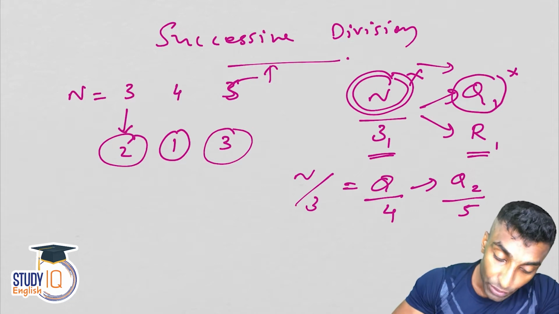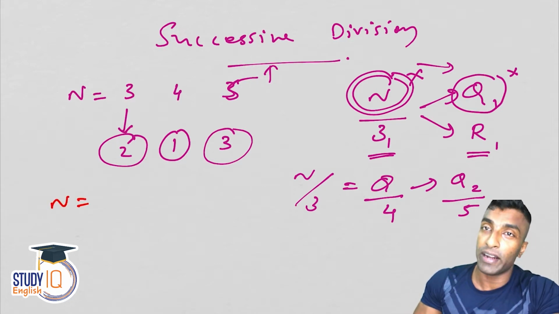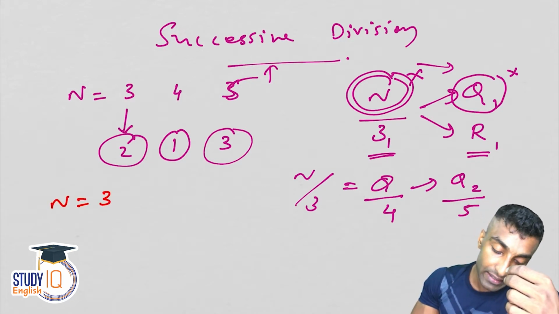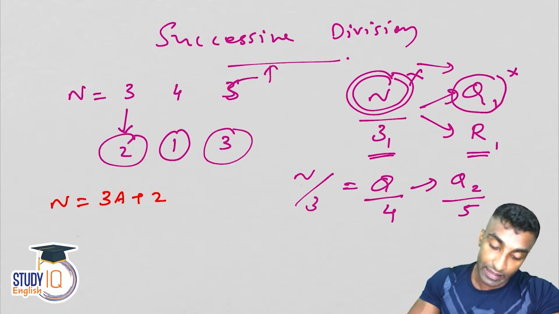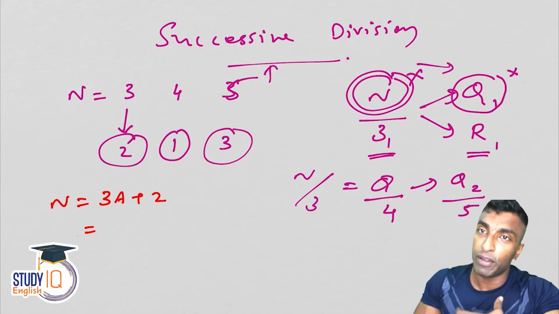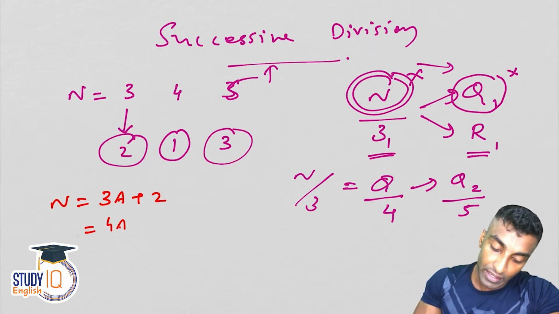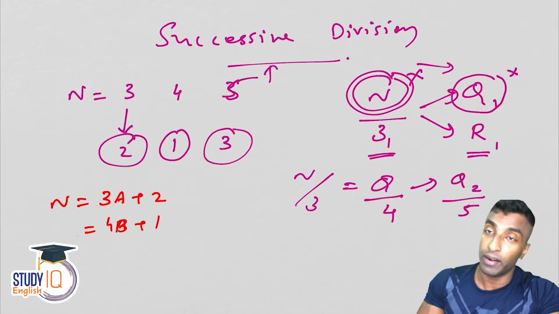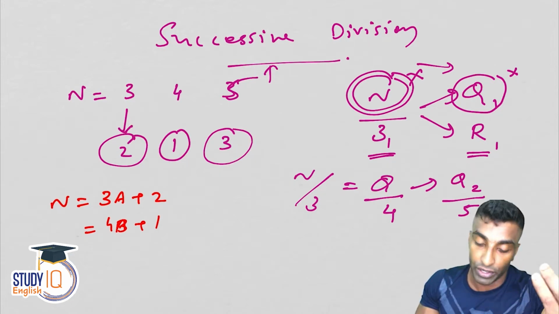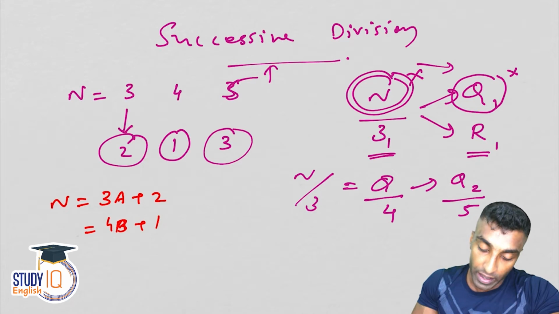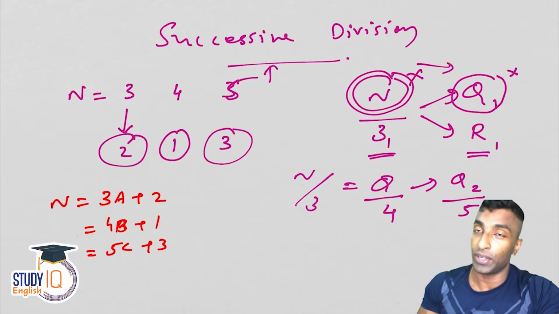That will be something like this: n when divided by 3 leaves a remainder 2 means, let me mark it as 3a plus 2, I can write n like that. And the same number when divided by 4 leaves a remainder 1, that is 4b plus 1. A, B are quotients because you will get different quotients when you divide by 3 and 4. Okay. And the same number when divided by 5, let me mark it as c, leaves a remainder 3.